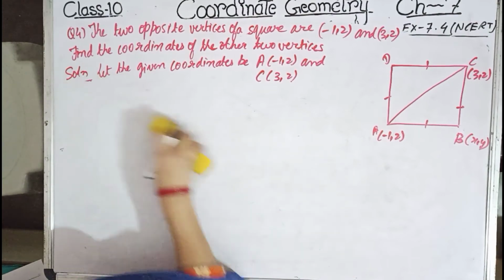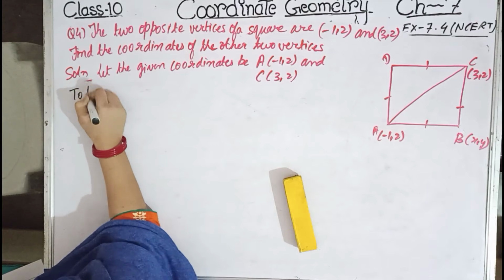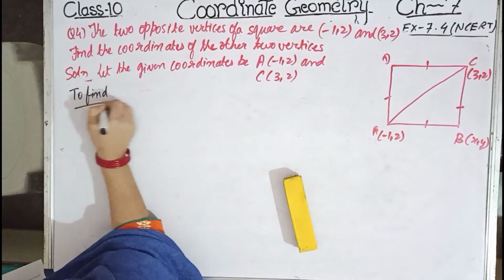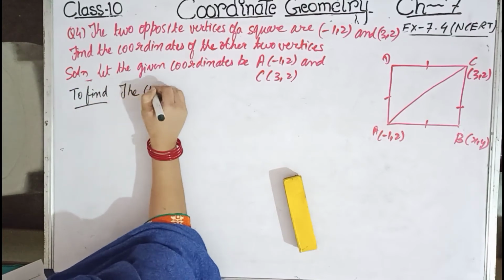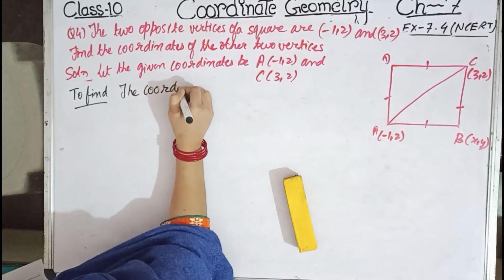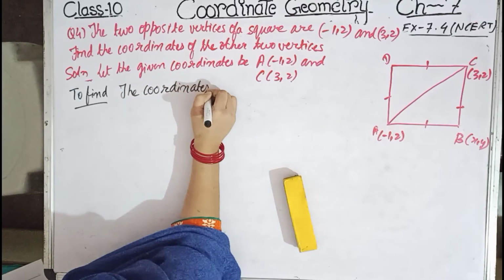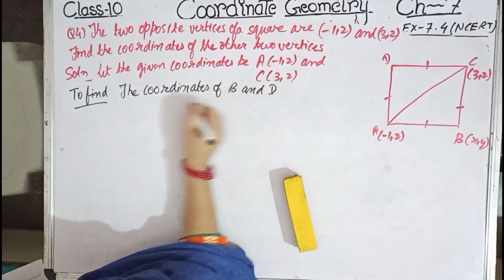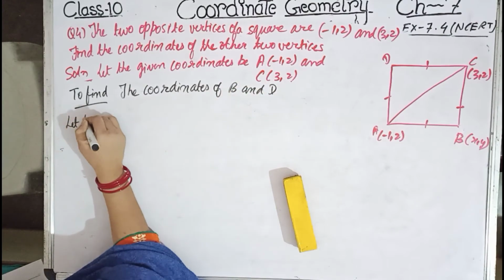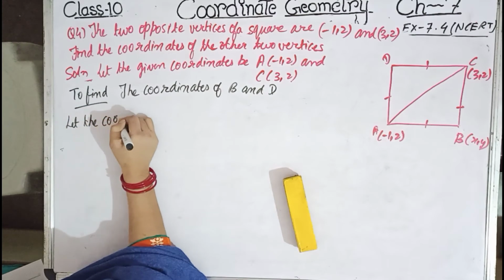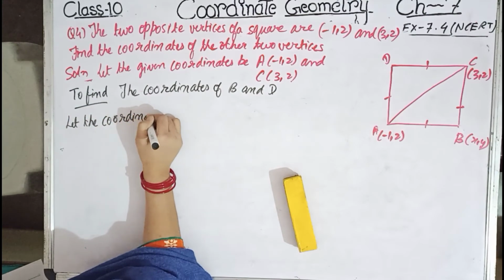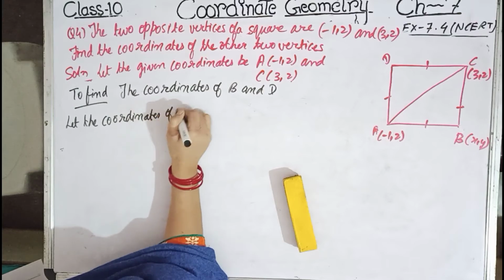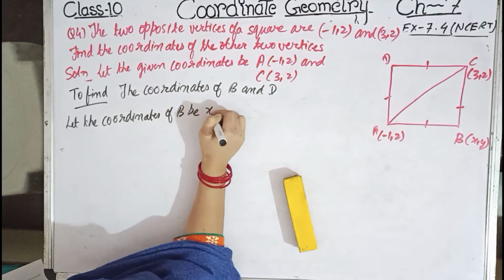Let us write over here to find the coordinates of B and D. Now let the coordinates of B be (x, y).